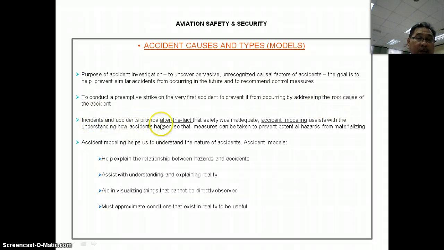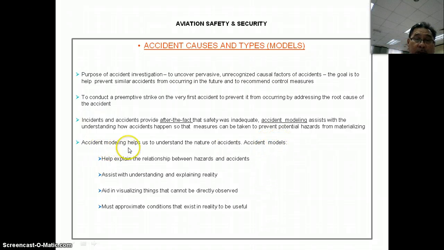Incidents and accidents provide after-the-fact evidence that safety was inadequate. What do you mean by after the fact? Basically, you only know it after it happened. So accident modeling assists with understanding how accidents happened so that measures can be taken to prevent potential hazards from materializing.